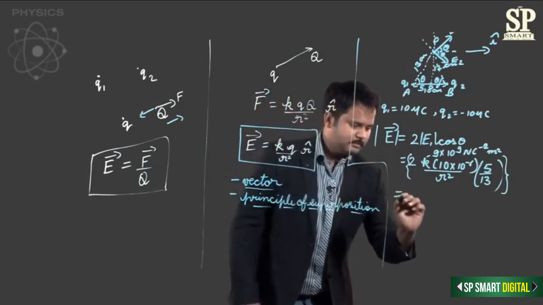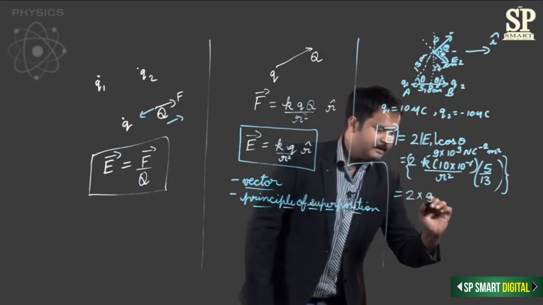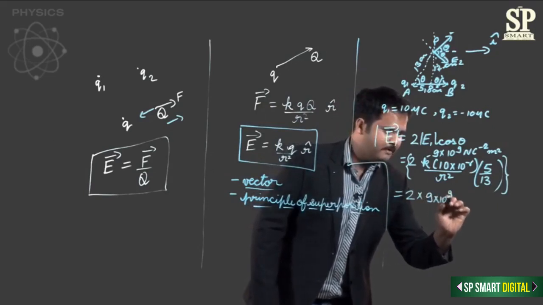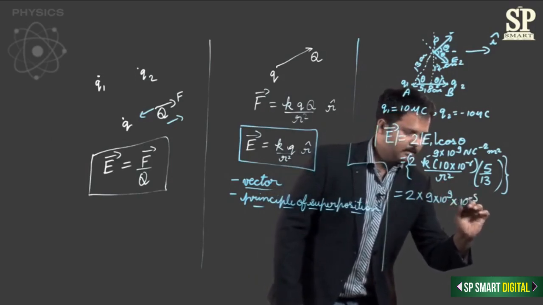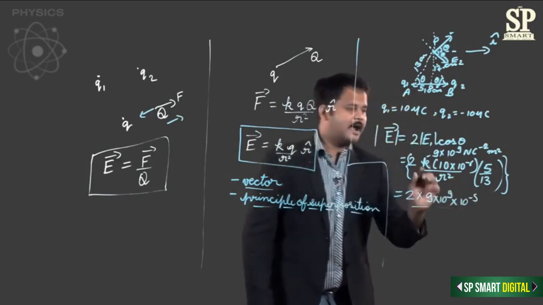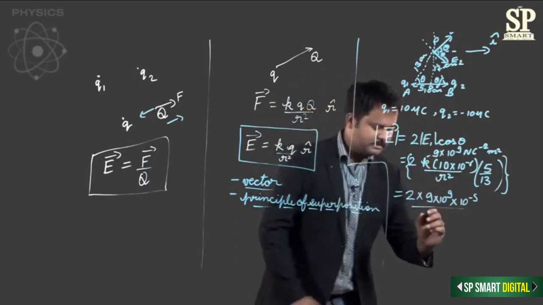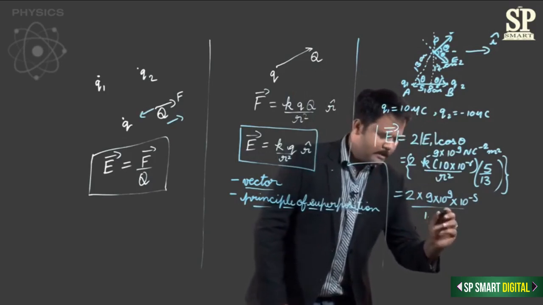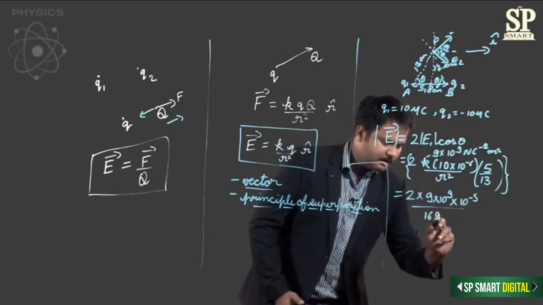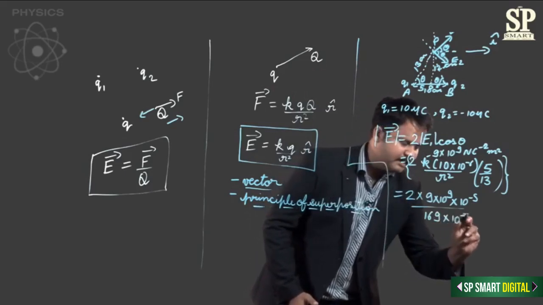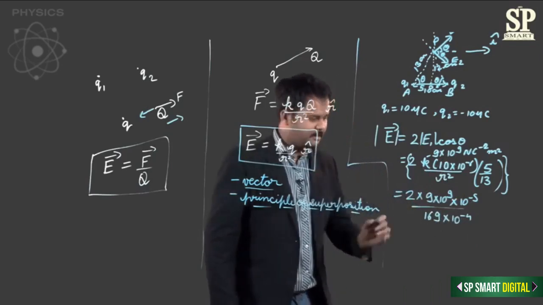So with those assumptions in mind, if I substitute the values, I get 9 into 10 to the power of 9, and then I have 10 to the power of minus 5 here. And instead of r, I have to write 13 centimeters or 0.13 meters, which will give me 13 square is 169. So 169 into 10 to the power of minus 4. This will be the r square in SI units, right?